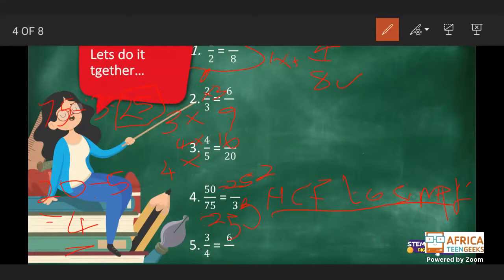So our new fraction for number 4 will be 2 over 3. That's our new fraction for number 4. This one is simplified. They didn't increase the numbers of the fraction, right? So it's basically simplified. So let's go to number 5.